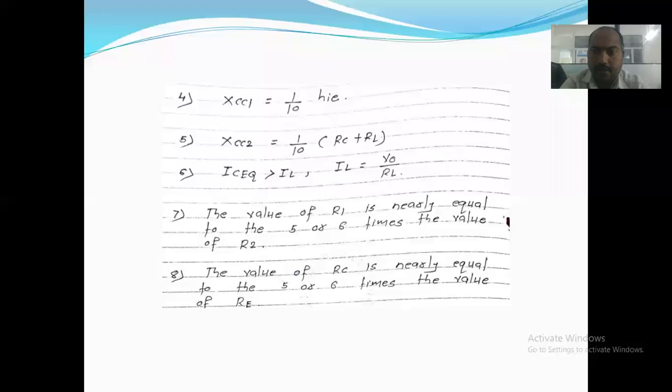Next formula, XCC2 equals 1/10 of (RC plus RL). Then ICQ, which is greater than IL, where IL equals V0 divided by RL.